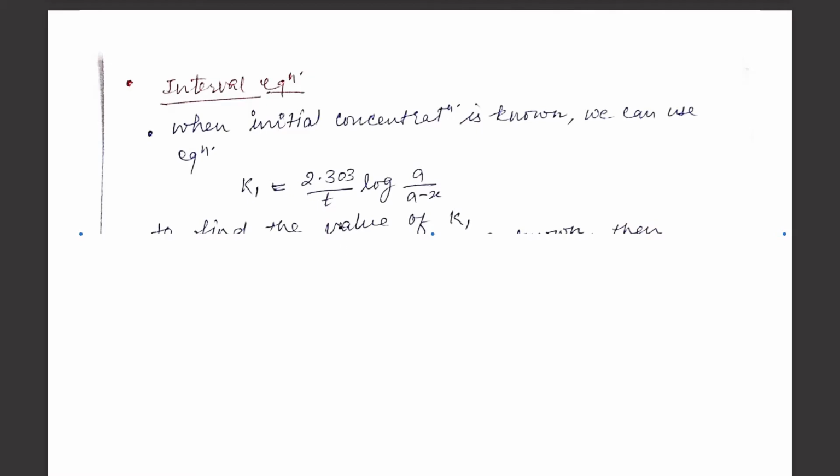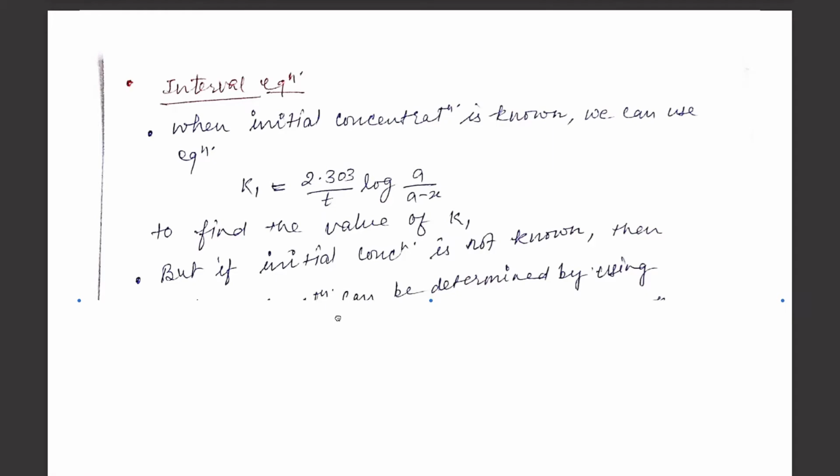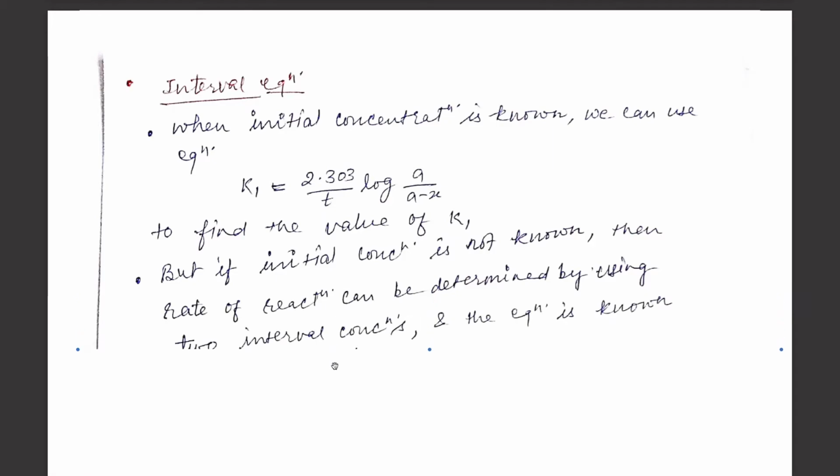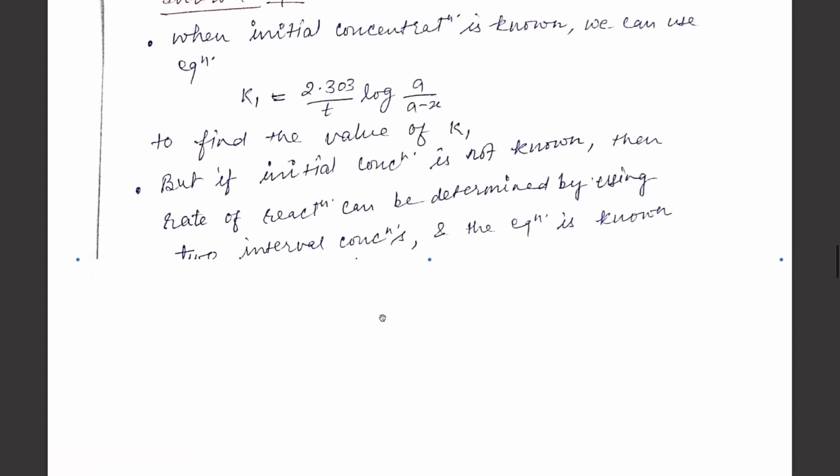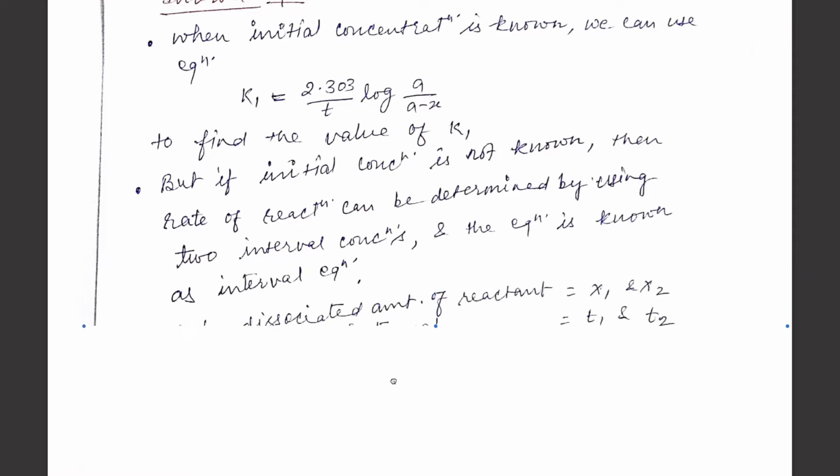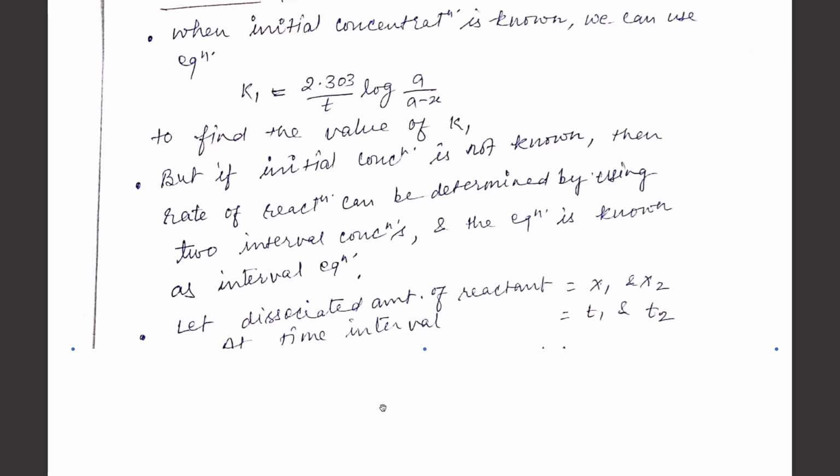Just now, the equation which we had derived for the integral rate equation is for that condition when the initial concentration is known to us. Now if the initial concentration is not known to us and we have only two concentrations at two different time intervals, then how do we derive the integral rate equation or how do we find out the value of rate constant k.